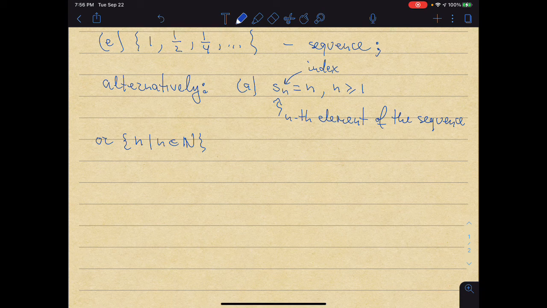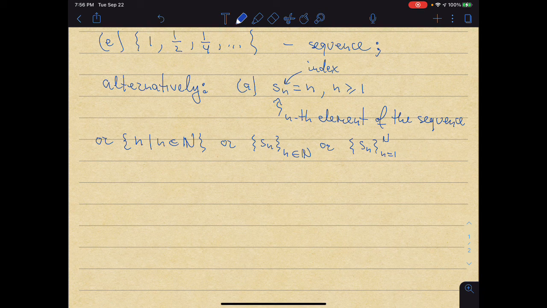All right, sometimes we will also say Sn, n belongs to N, or Sn, n goes from 1 to infinity. All of these things will just mean the same thing.